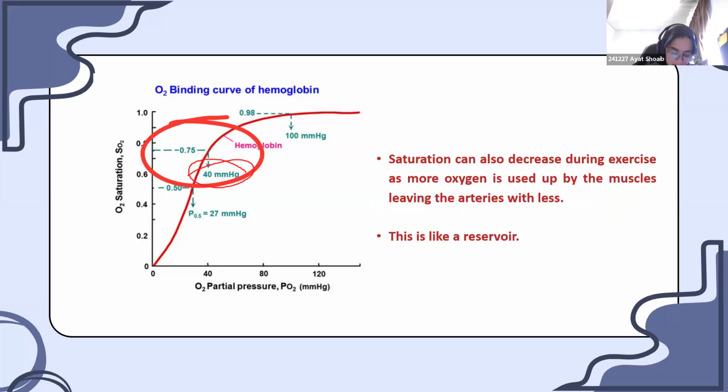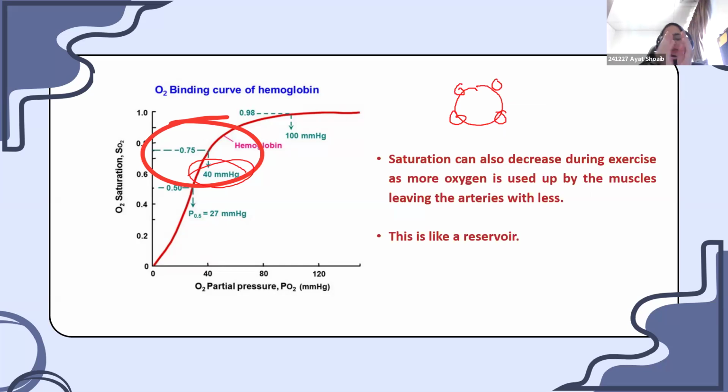Okay, so saturation can also decrease during exercise. There is a curve for temperature that we're going to study later. But just know that hemoglobin is like a reservoir, okay? It always has oxygen bound to it. It's like best friends with oxygen, so it always has oxygen bound to it. And whenever somebody needs help, it gives oxygen away. Like, oh, here you go, okay?